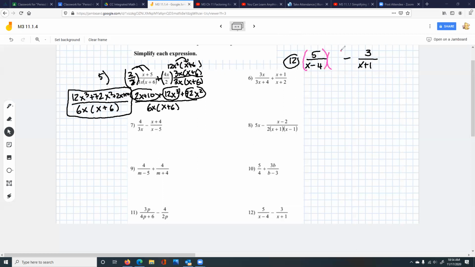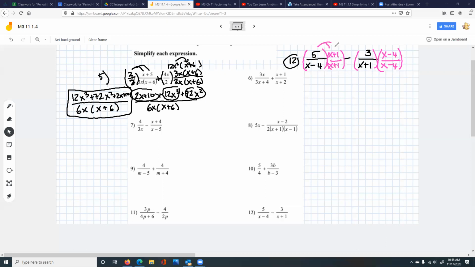So I'm going to multiply this side by the x plus 1 over x plus 1, okay? And this side, I'm going to multiply by the other one, x minus 4 over x minus 4, okay? Because these are completely different. So you just multiply them by each other.